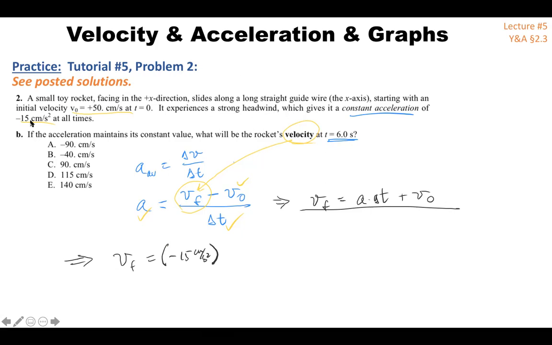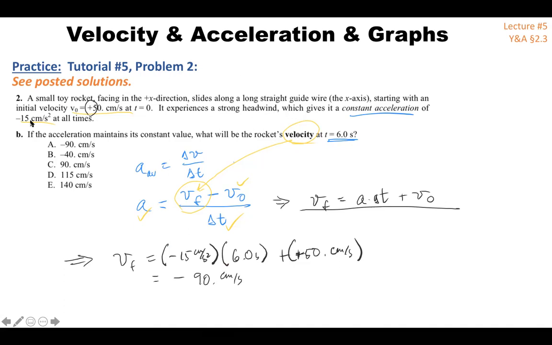So that's acceleration. Delta t is 6 seconds. V naught is, and again, you don't need to write these plus signs on the starts of our values. I will sometimes do it just for emphasis, like I put it up here in the initial description of the problem. Okay, so it looks like that's negative 90 centimeters per second.